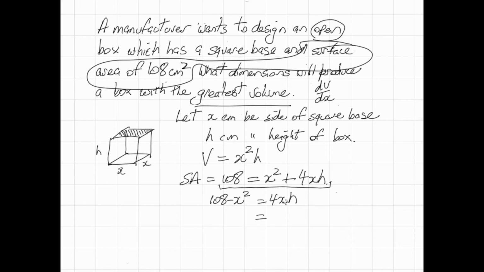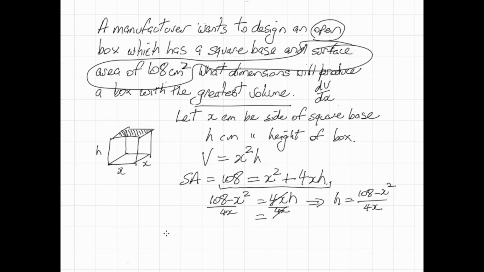And finally, we divide both sides by 4x. And we get, we'll do it out here, they will cancel each other, and we get h equals 108 minus x squared all over 4x.